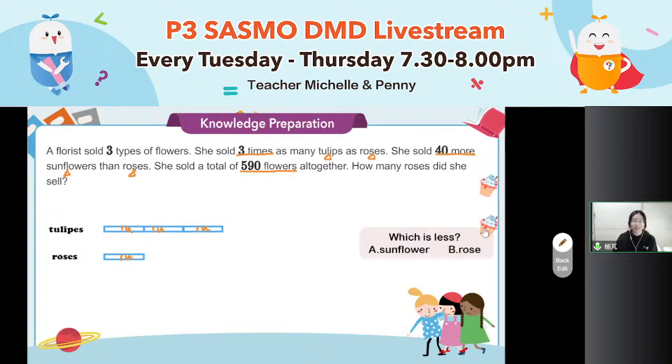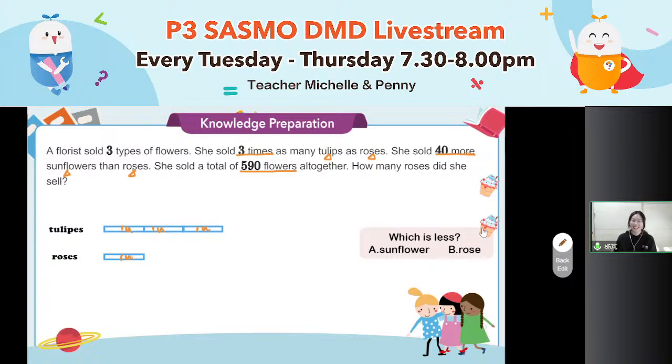Then let's keep going. Another sentence tells us something about sunflower and rose. So in this question, which one is less? I changed another way to ask the question. This time I don't ask who is more, because who is more is so easy.